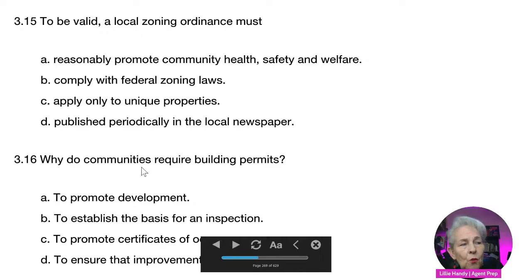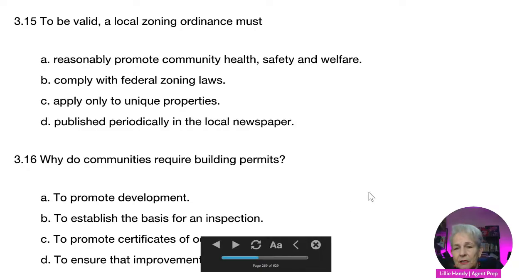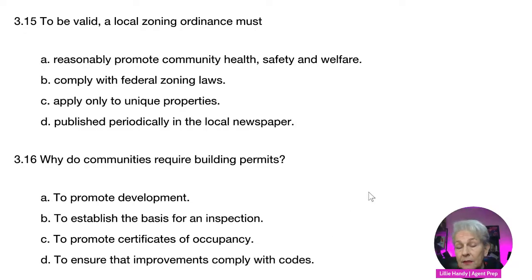MJ, thank you for trying. But so why do communities require building permits? It's not for promoting certificates of occupancy. That's a must. The city will provide a certificate of occupancy on new construction. However, how about existing construction, where people want to change and do whatever they want on their property because they say, well, it's my land, it's my home, I can do what I want.